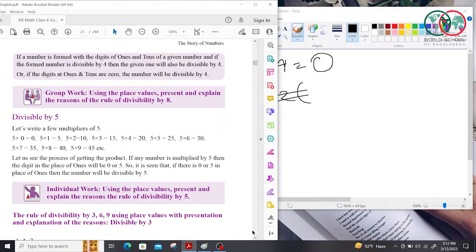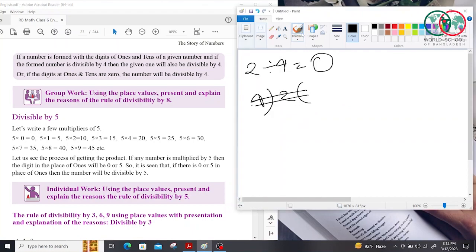Let's take an example. Suppose 516. Here 6 is not divisible by 4, we get remainder 2, right? But 16 is divisible by 4.